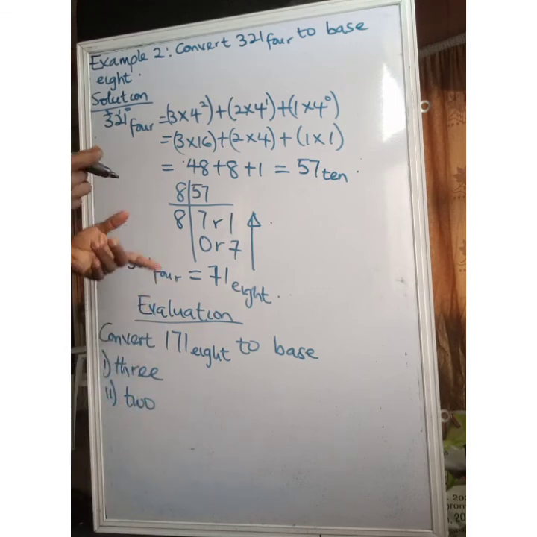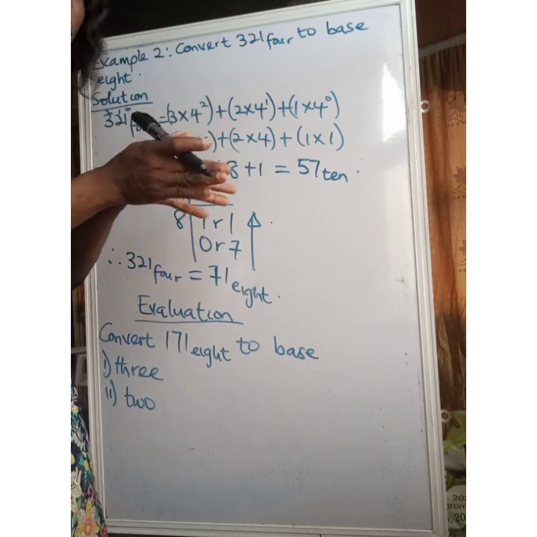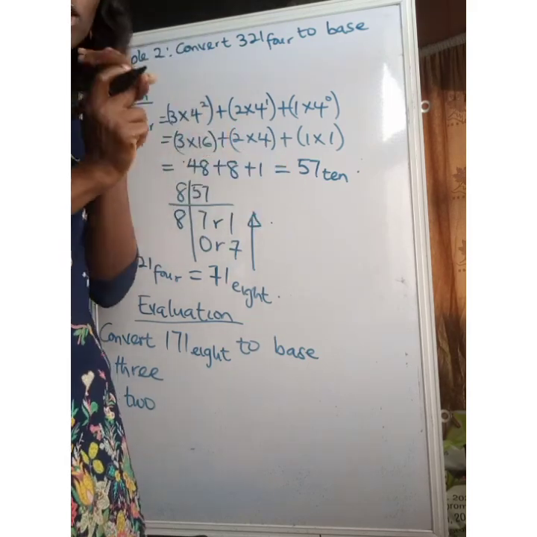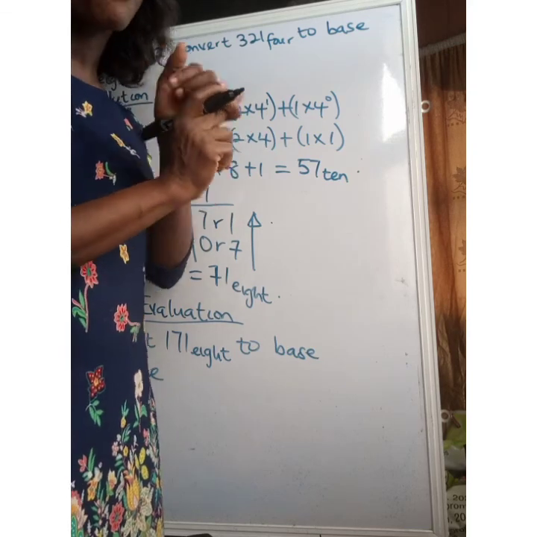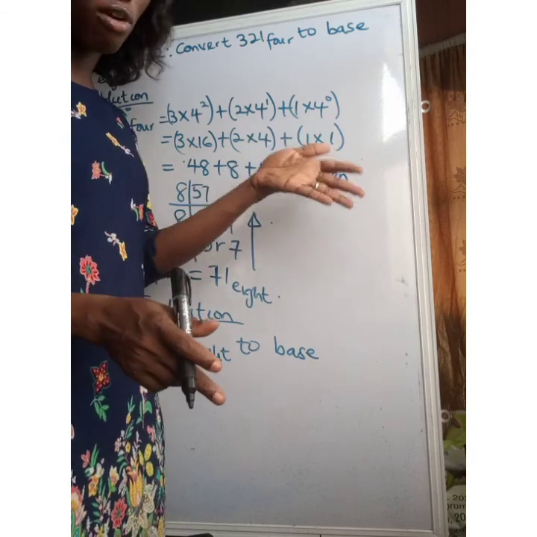So remember, when you're converting from one base to another base, the first thing you need to do is convert to base 10 firstly. Then from base 10, you convert to the base the question is asking you to convert to.